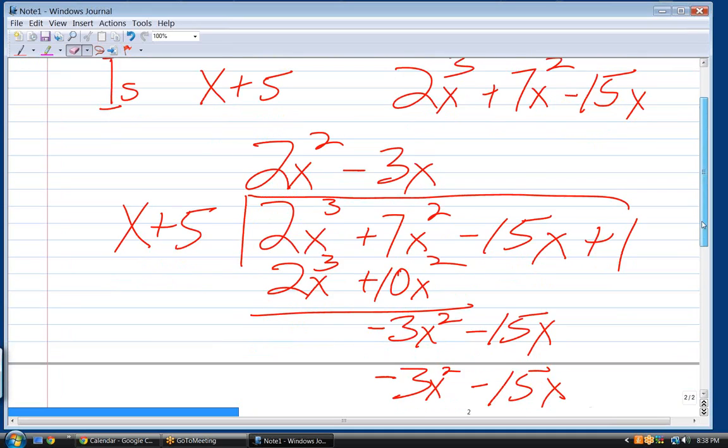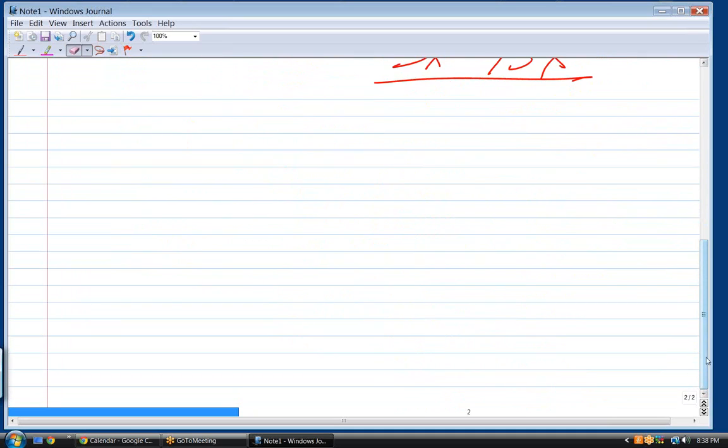All right. So then in class today, our teacher said that we could do a different method, which she covered a little bit before. Synthetic division.